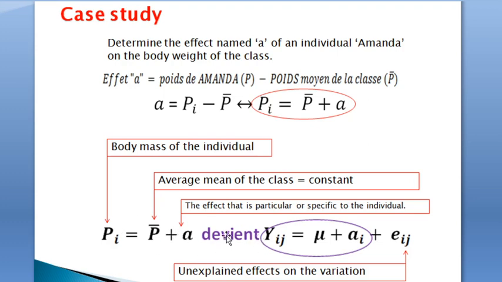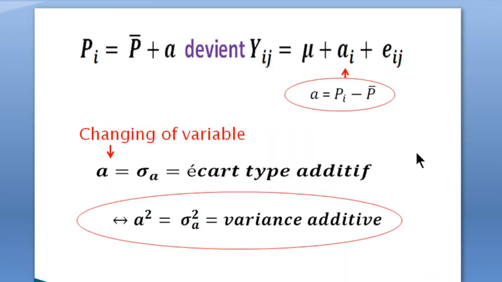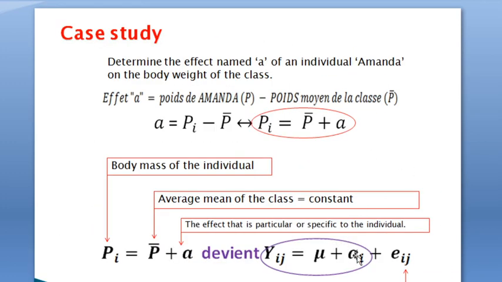Now this equation, when we translate it into the terms of a model, becomes this: Pi equals mu plus ai plus eig.